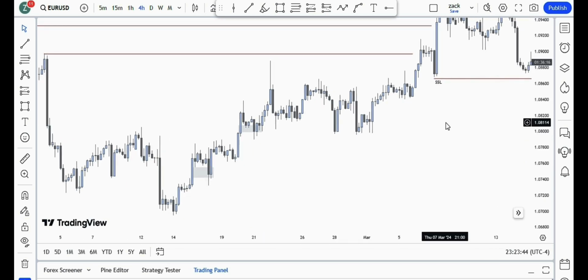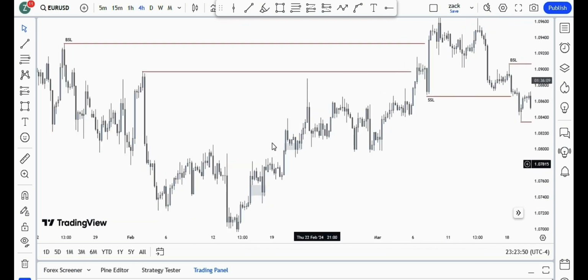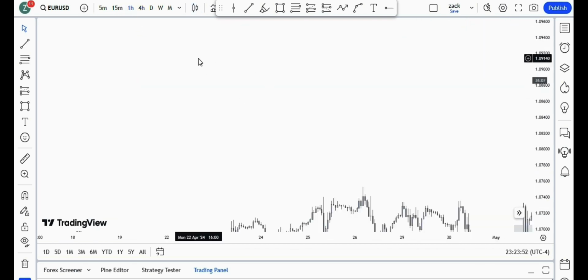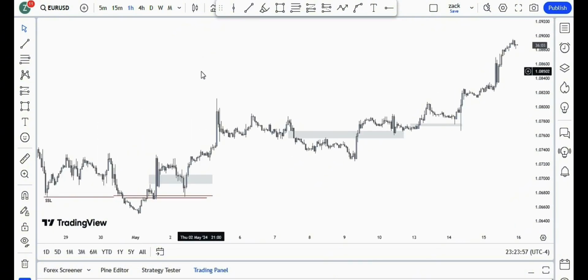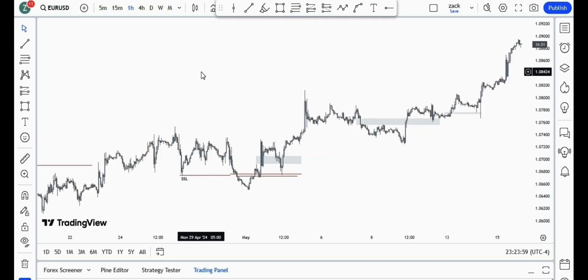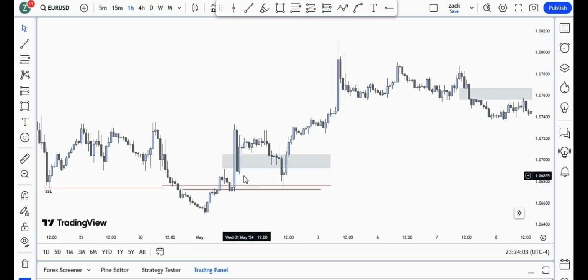That sounds weird, but you get the drill. That's that about fair value gaps, and now you can actually use them to make money because it's fractal. It's on every time frame.